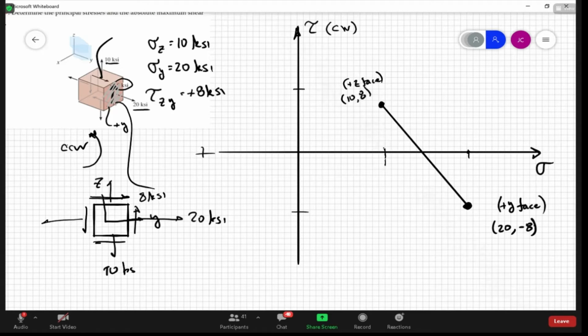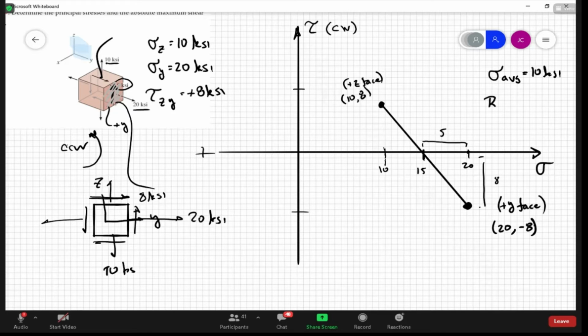So this point here is the average. Clearly this is at 10, this is at 20, so the average right here is at 15 KSI. Now let's get the radius. This distance here is 5 KSI, and this distance here is 8 KSI.